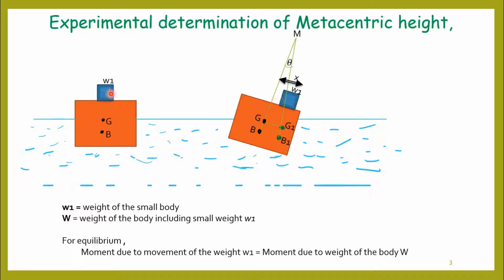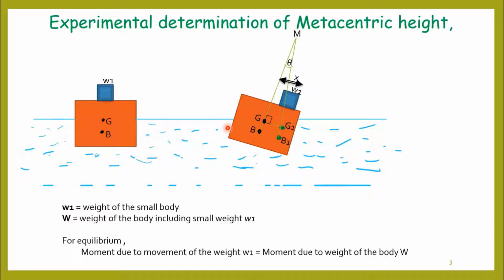And this W1 will move from this point to some other point. Let's say W1 has moved a distance of X. And this triangle MGG1 will be a right angle triangle. So this is how the body will be when we give a small tilt.